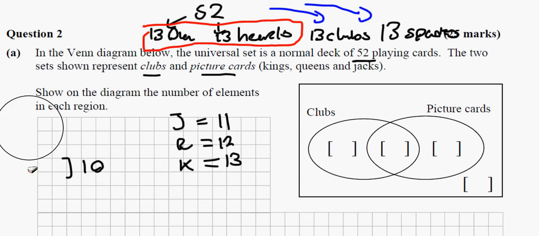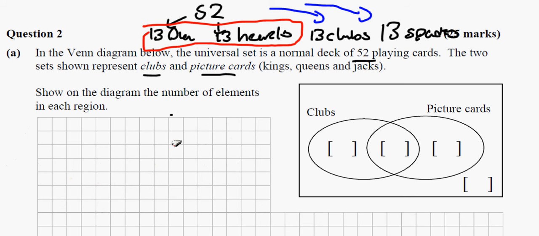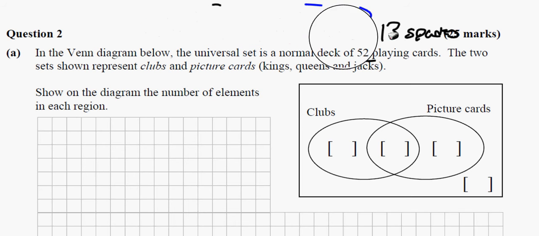So let's begin off by having a quick look here. What it wants us to do is, in the Venn diagram below, the universal set is 52 playing cards. The 2 sets shown represent clubs and picture cards. Show the diagram of the number of elements in each set.